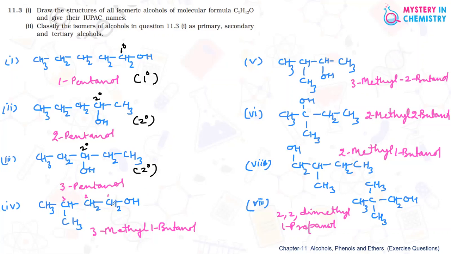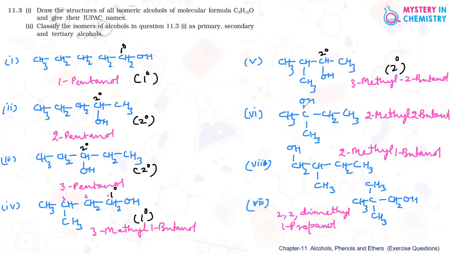And this one, the carbon attached to OH is further attached to only one carbon atom. So this carbon is a primary carbon, so this alcohol should be primary alcohol. And here this carbon which is having OH group is further attached to two carbon atoms. So it is a secondary carbon, so this alcohol should be secondary alcohol.